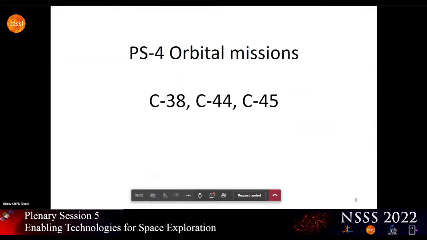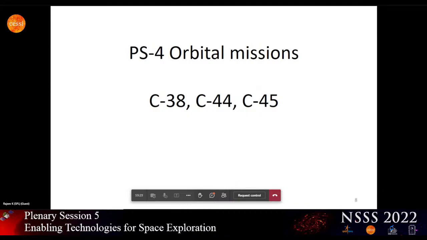So far, the PS4 orbital missions have completed 3 such missions, starting from C38, C44, and C45. And C38 was the very first one, where the first science experiment also was done, and incidentally it was from SPL. The LP and NV payloads were flown on board that, and good results were produced, which were published in the literature.